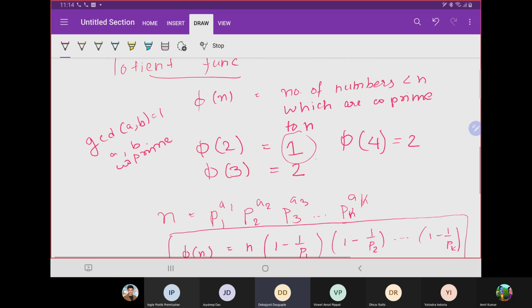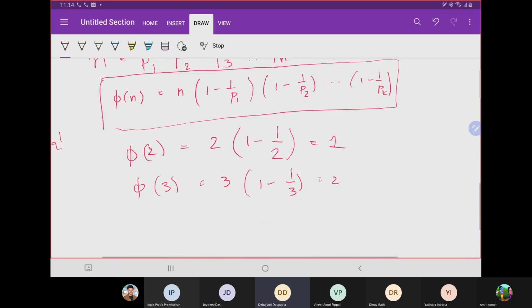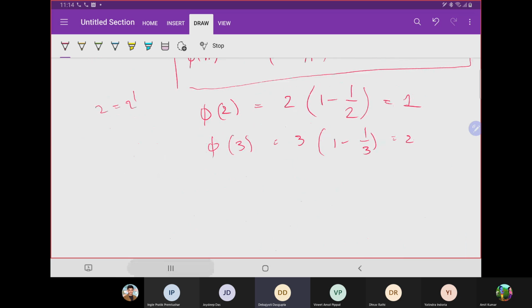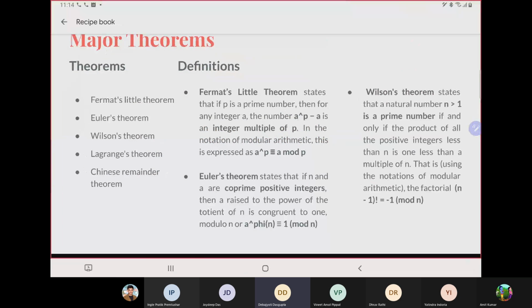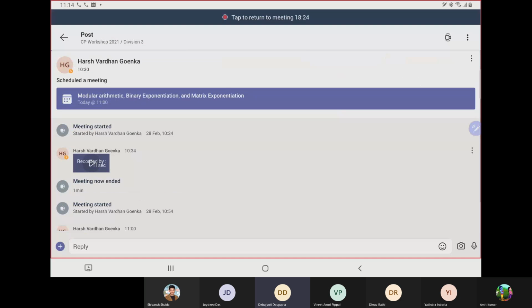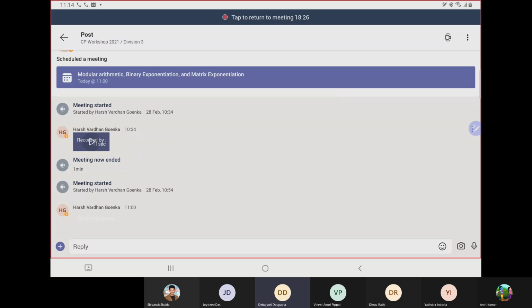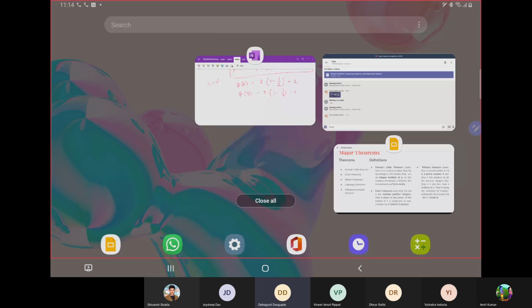Yeah. So this formula is correct. Right? I hope everyone has understood. Is there any doubt up till this point? Any doubts? No, I guess.